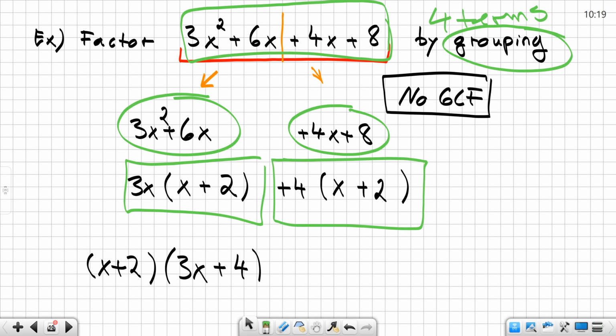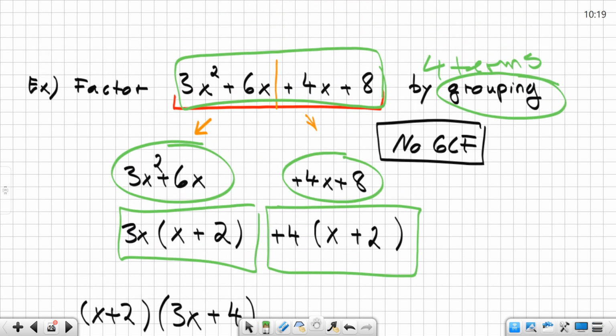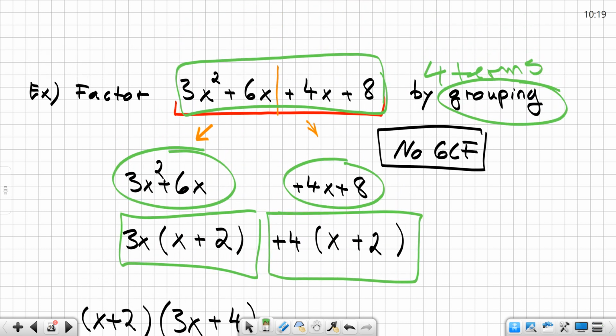One thing to mention right here. A typical thing to get this confused with is to see the following. Up here, the 6x and the 4x, these two terms could have been combined into, well, what is 6x plus 4x? That is 10x.